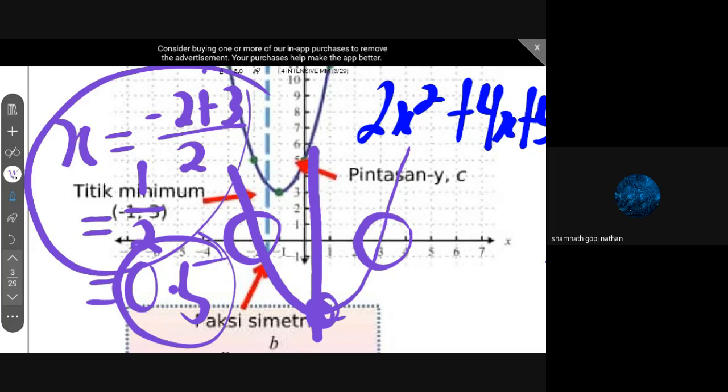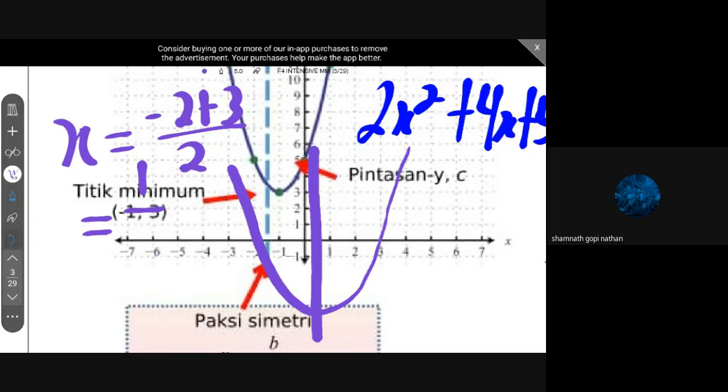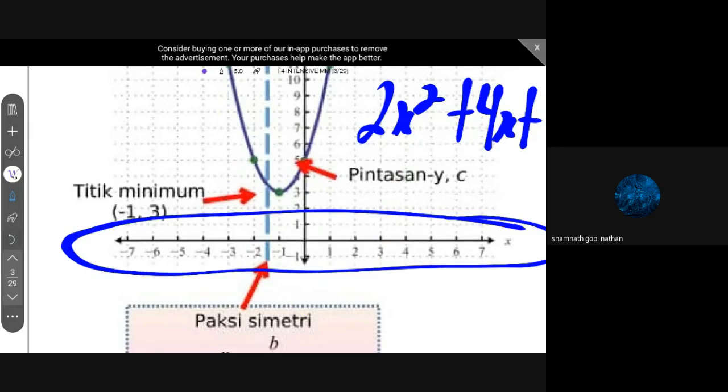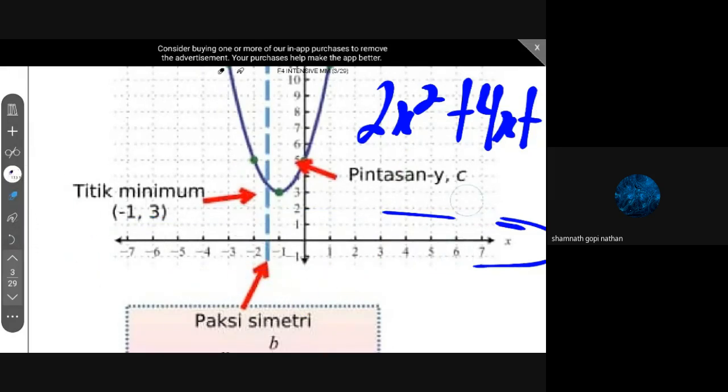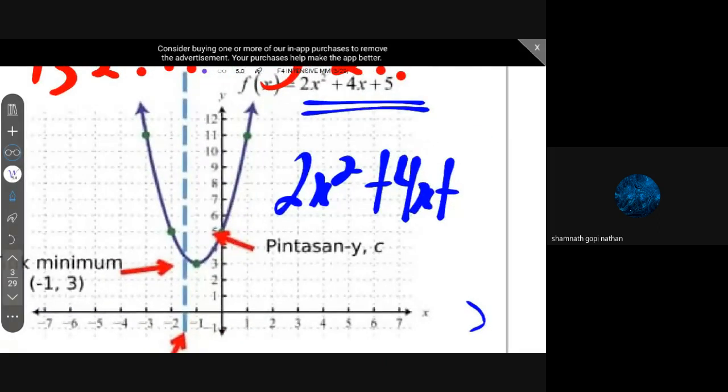So let's say, guys, another situation. Okay, second situation. Situasi yang kedua untuk paksi simetri. Okay. So let's say graf kamu sekarang macam ni.